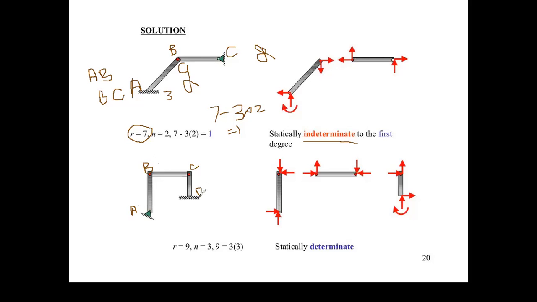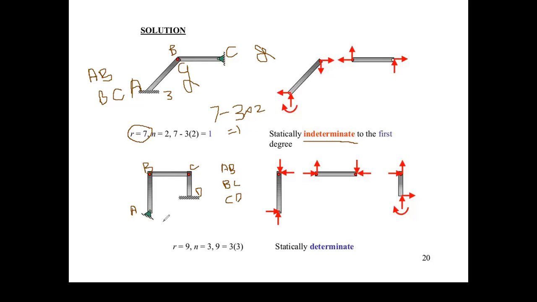AB is one member, BC is one member, and CD is one member.